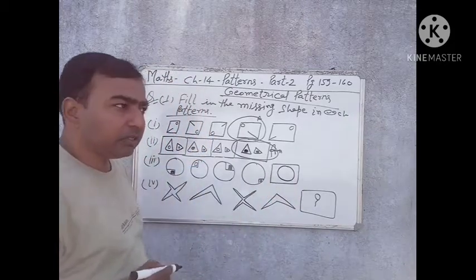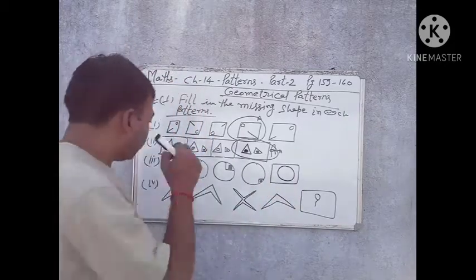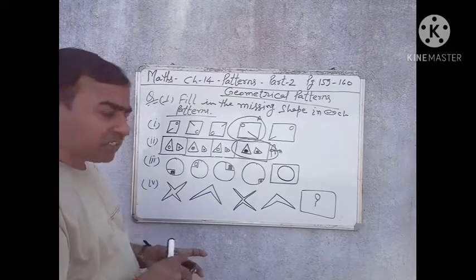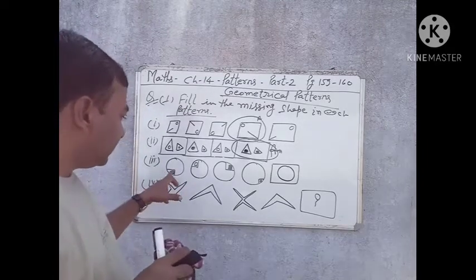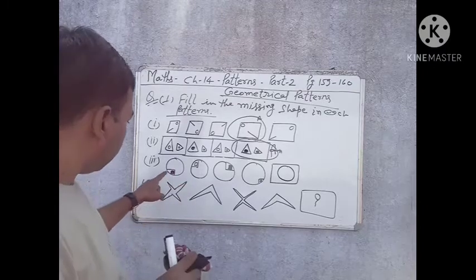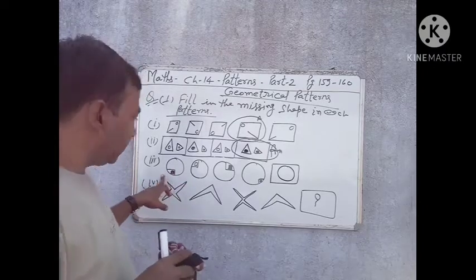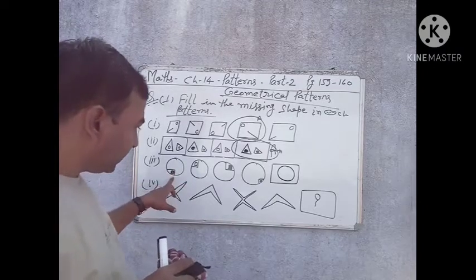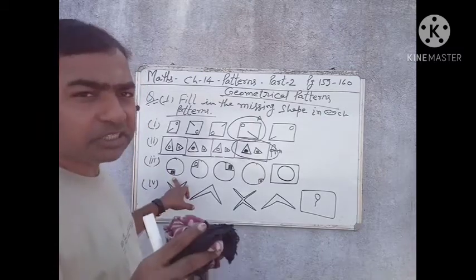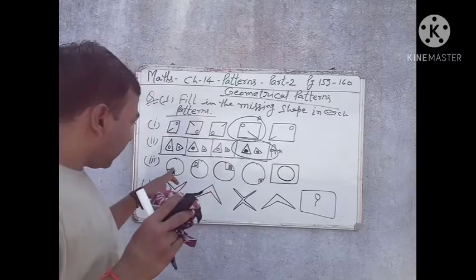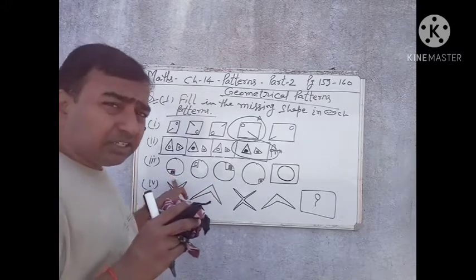This is so simple. Now the next thing: this is a segment of the circle. In the first circle, this area is the minor segment, here.